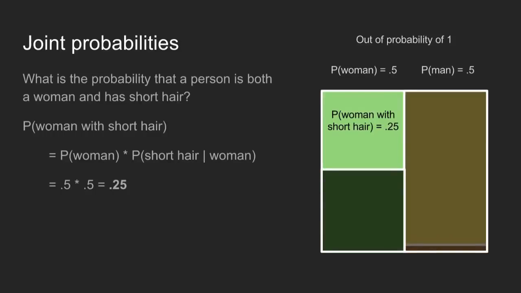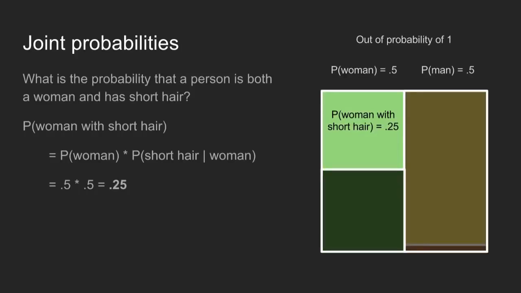Now, concept 2, joint probabilities. What's the probability that a person is both a woman and has short hair? To calculate a joint probability, you first find their conditional probability. If I know that they're a woman, what's the probability that they have short hair? And then you multiply that by the probability that they're a woman.